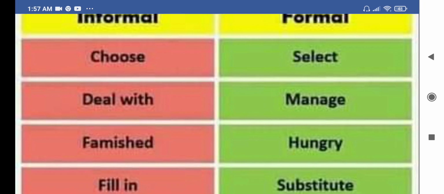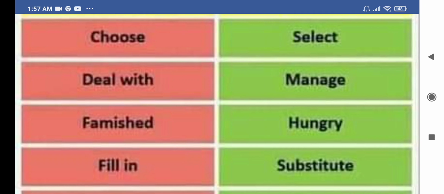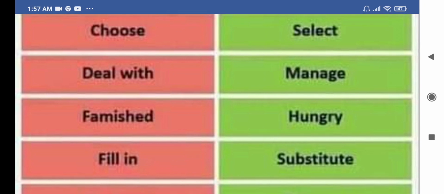A manager in an office has to deal with lots of problems, lots of issues every day, and the manager also manages those issues. So in an informal setting we use the word deal with. In a dialogue you can say, hey, Mahbub, how are you dealing with all these problems, how are you dealing with all your customers nowadays?